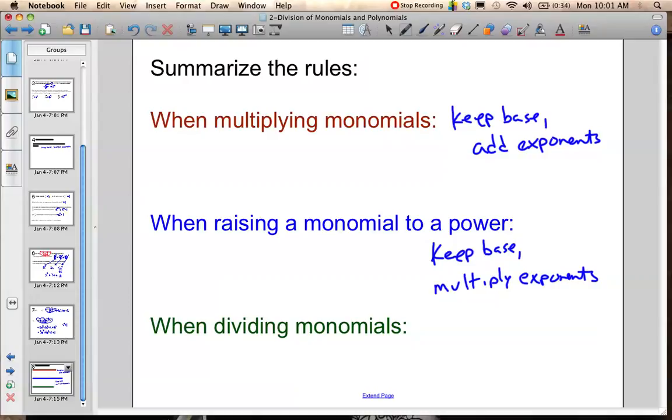And the new one for today, when dividing monomials, you got it right. We're going to keep that base, and we're going to subtract the exponents. So dividing is that new rule for the day. But as you can kind of see, they're all connected.